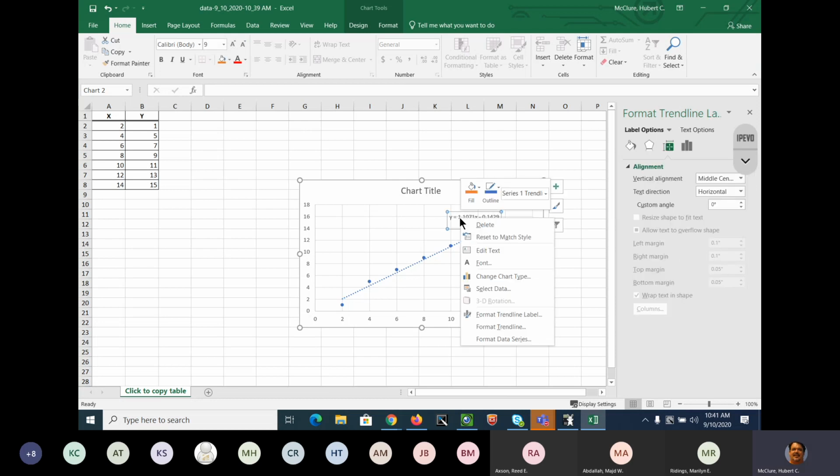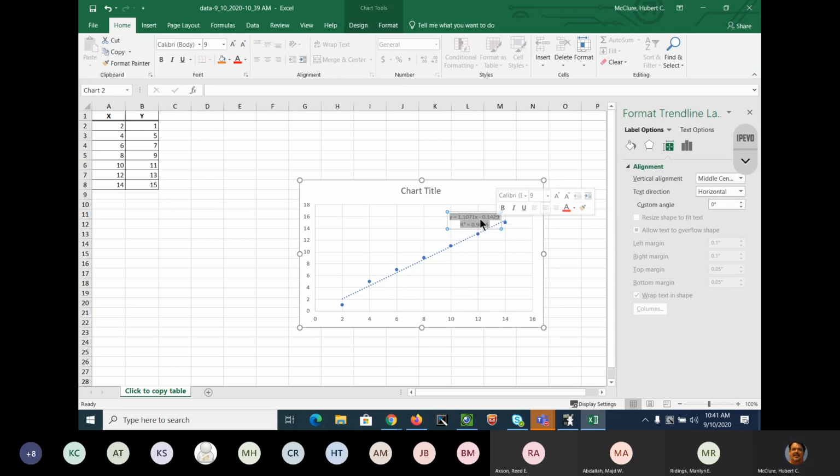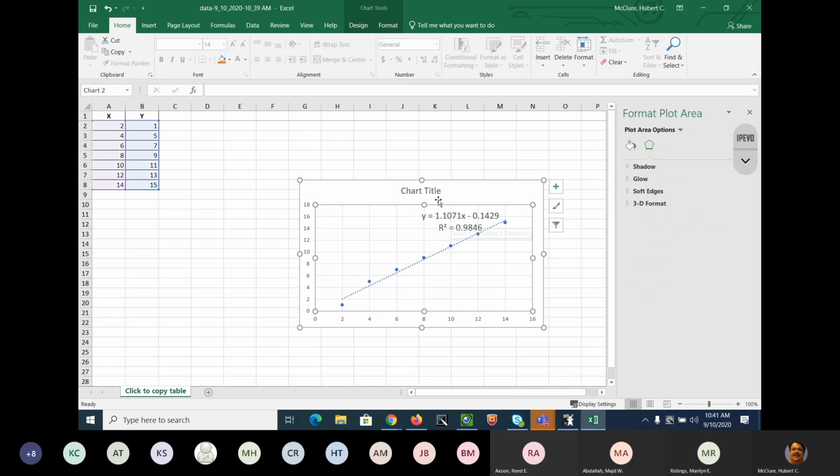And of course, that can be fixed to where it's a little bit bigger. Now you got to take the square root of R squared.